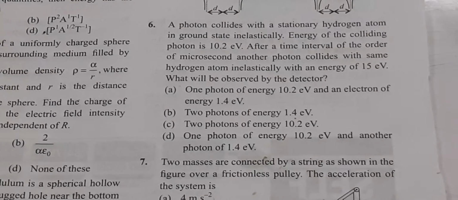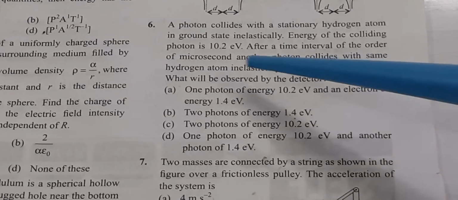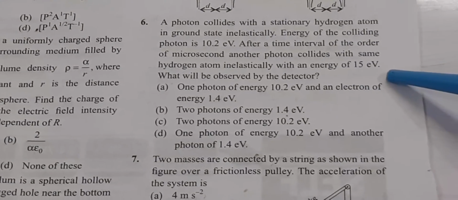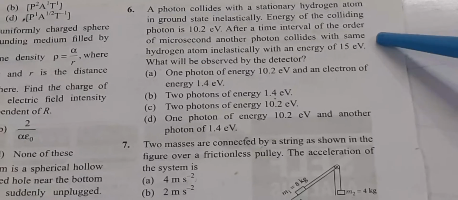Now another photon is being fired, and that photon has energy 15 electron volt. It means it is more than 13.6.